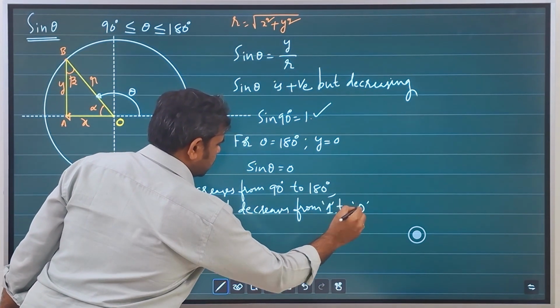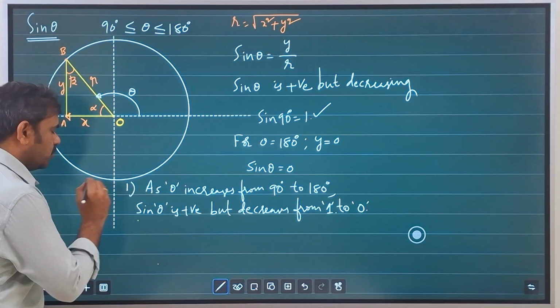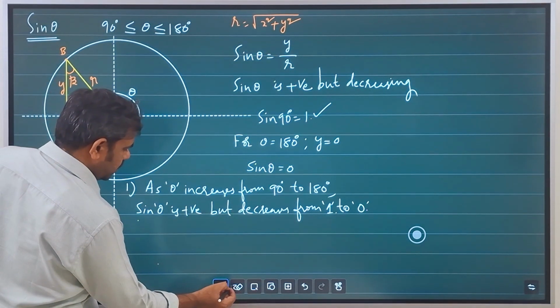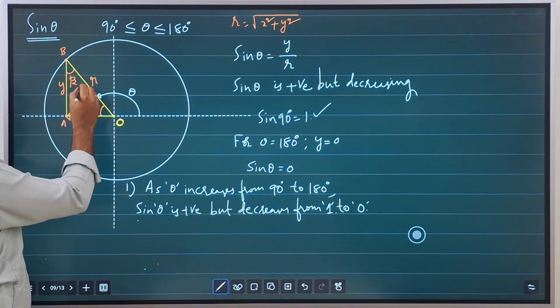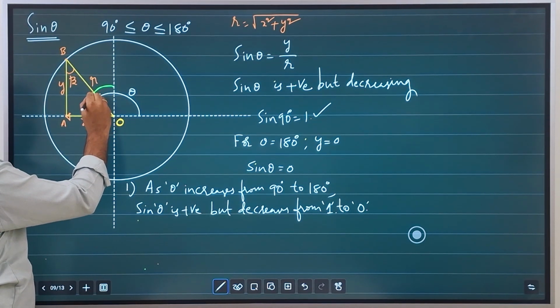Its value is decreasing from 1 to 0. So this is one conclusion that we come to. Also, now look at alpha and beta. Here, look at angle B. Angle B is beta. This is its alternate angle.